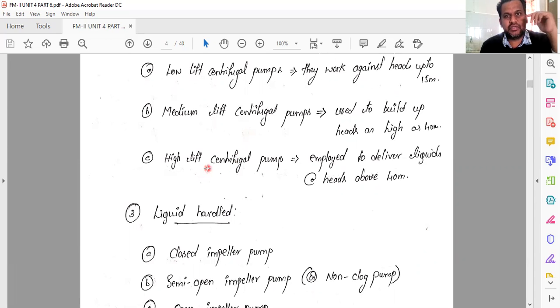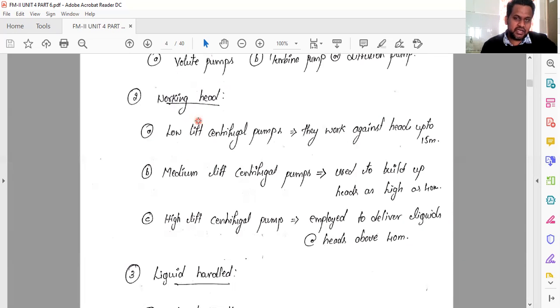If you want to lift to a medium level, medium lift. If the lift or height is more, then you go for high lift pumps. Like 15 meters, 15 to 40 meters, more than 40 meters. Based on that head, we can differentiate three types.